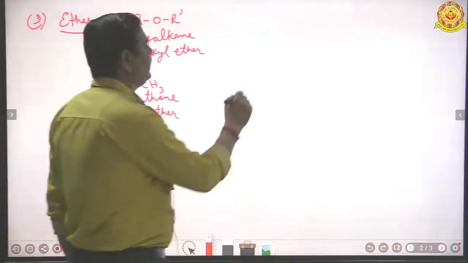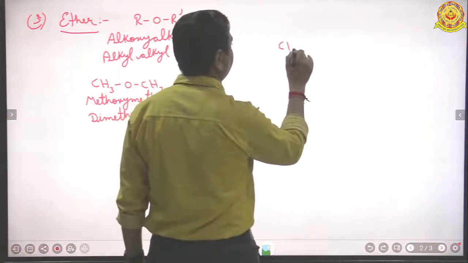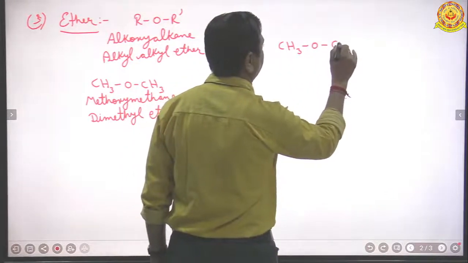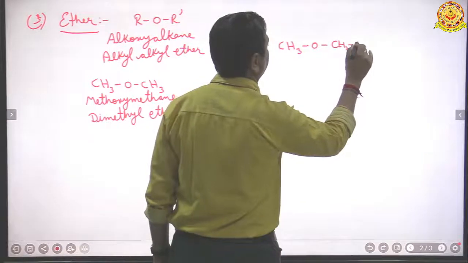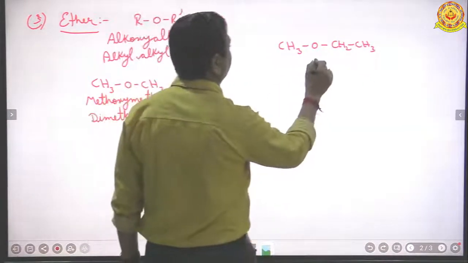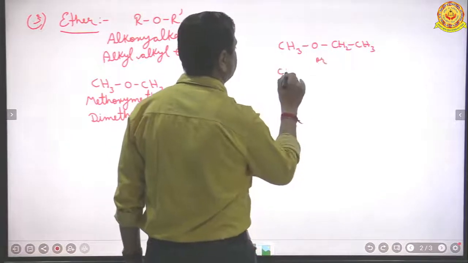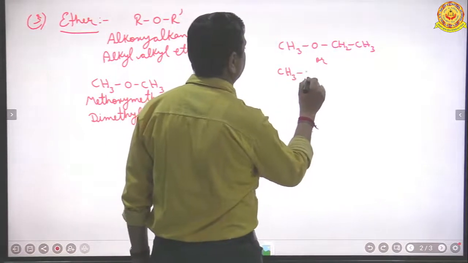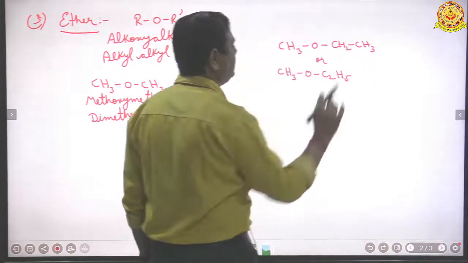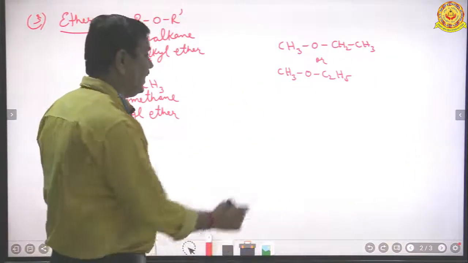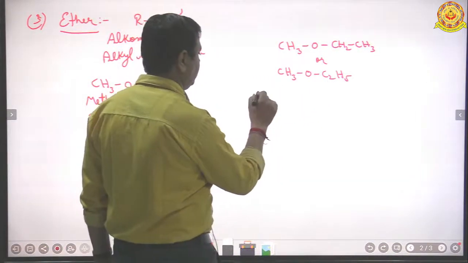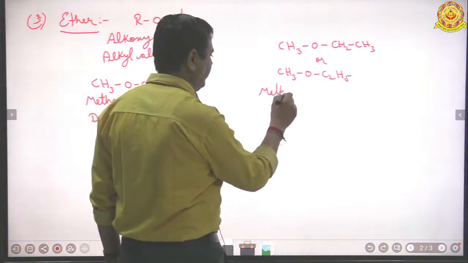But if the groups attached are different, this will be written in this form also. Now one group is methyl, one is ethyl. This is the smaller group. It will be given oxygen.